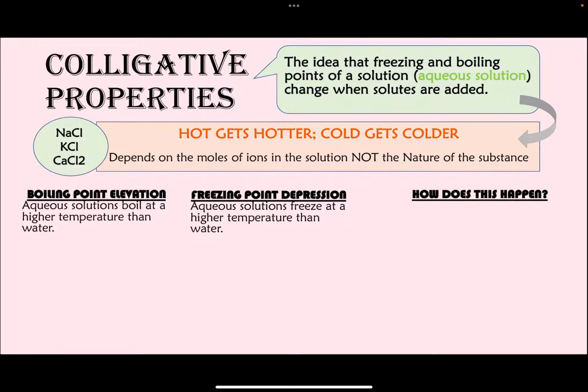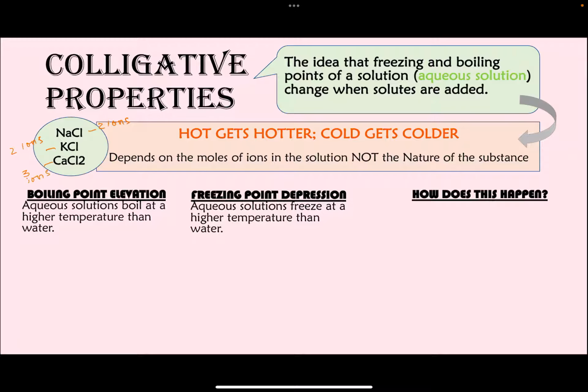So let's compare these substances over here. If we put sodium chloride in our solution, when it goes in the solution, it's going to dissociate and produce two ions. If we put potassium chloride in the solution, this one is going to produce two ions again. But if we put calcium chloride in the solution, this one is going to dissociate into three ions. Right?